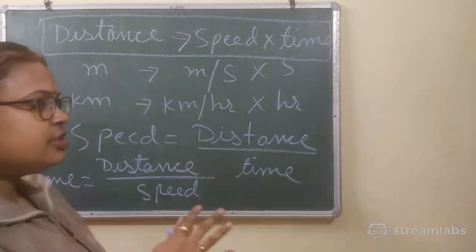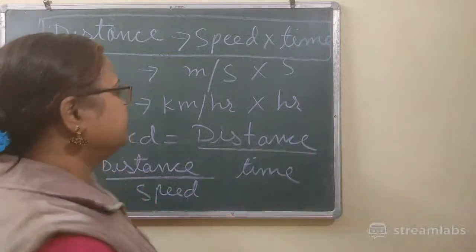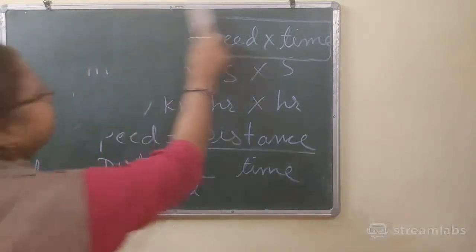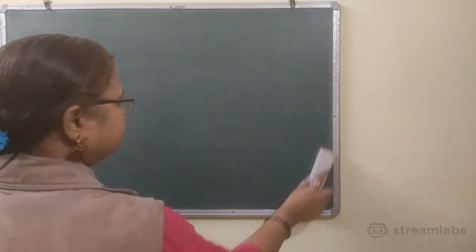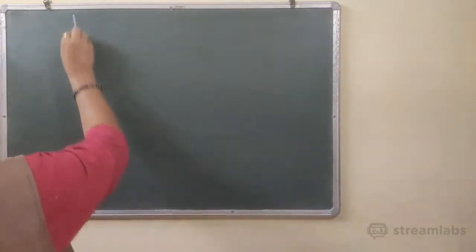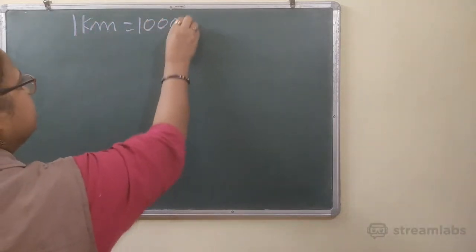Okay? So one very important thing is here: 1 kilometer is equal to 1000 meter.